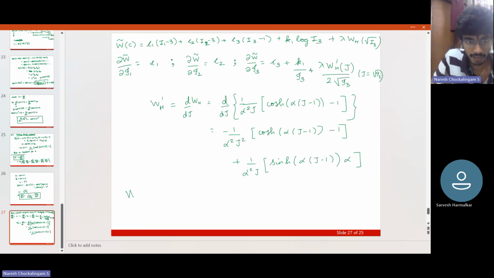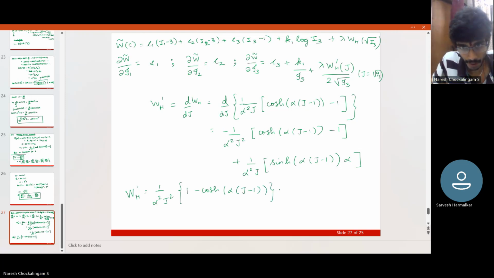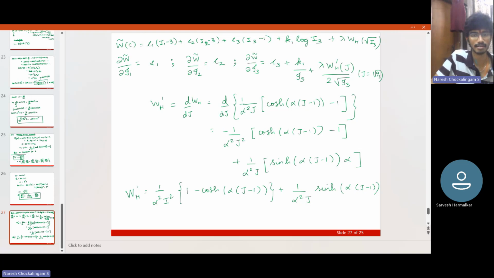So the derivative of WH is, taking the minus inside, 1 by alpha square J square times 1 minus cos hyperbolic of alpha J minus 1, plus 1 by alpha square J sine hyperbolic of alpha J minus 1. Now J is root I3, so J square is I3. So have this as it is.